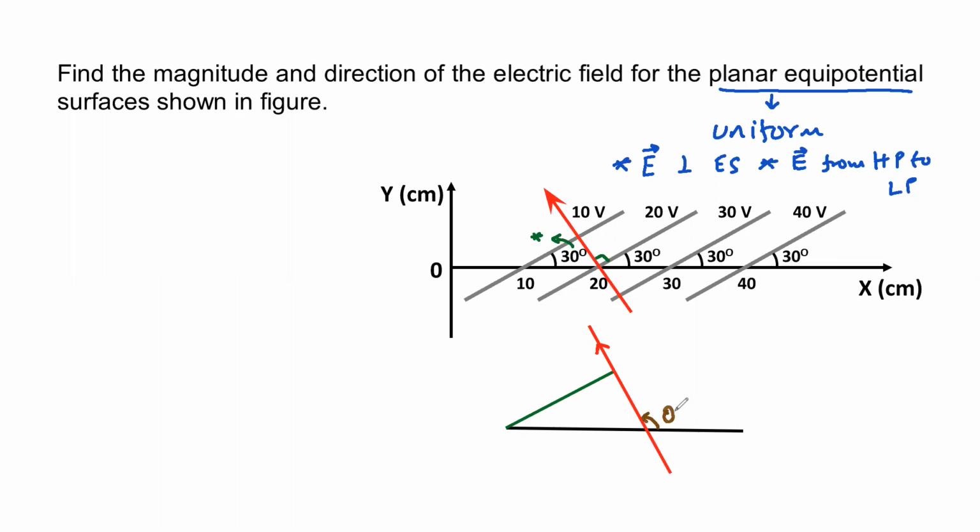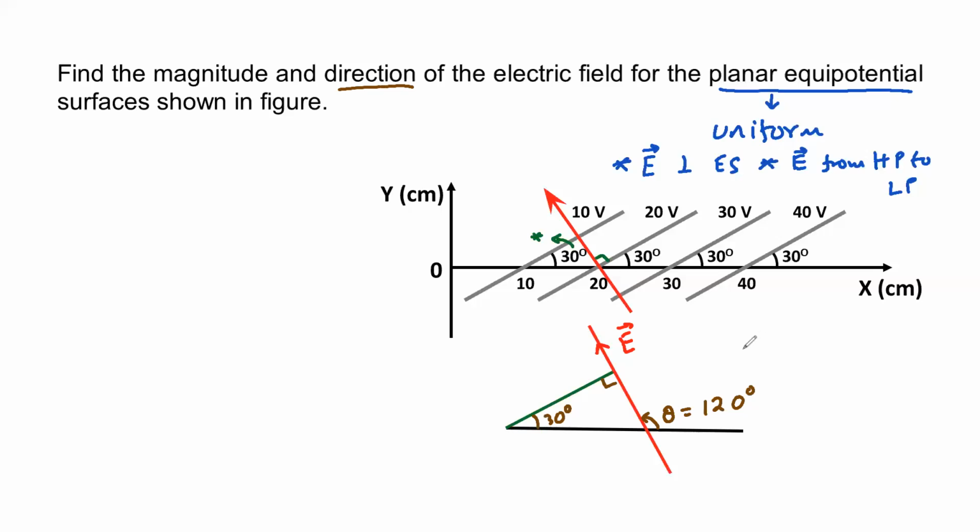Let's call this theta. Now you can see that this angle given is 30 degrees and this is 90. So this theta is going to be 120 degrees. So we have found the direction of the electric field. Okay, so the direction is 120 degrees with the positive x-axis, or you could say 60 degrees with the negative x-axis.